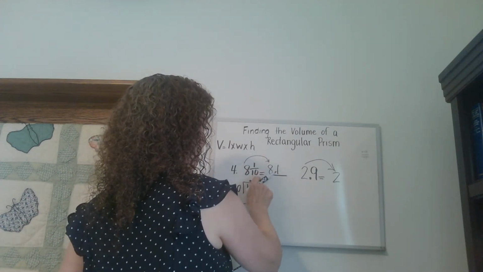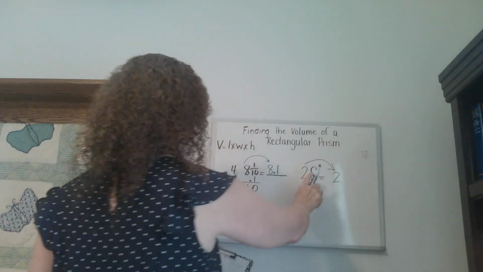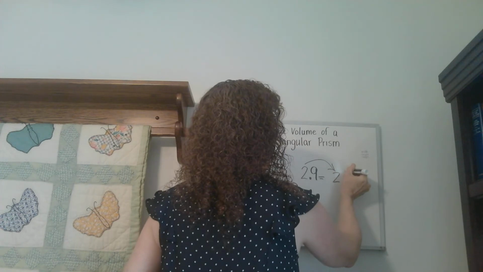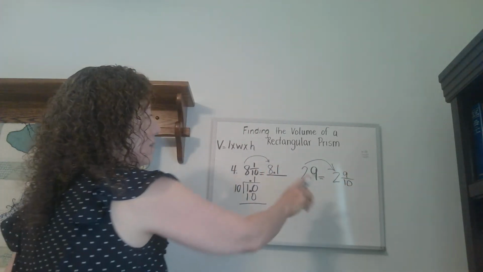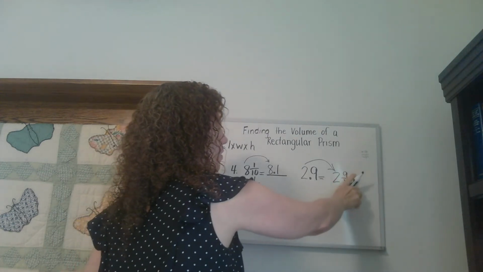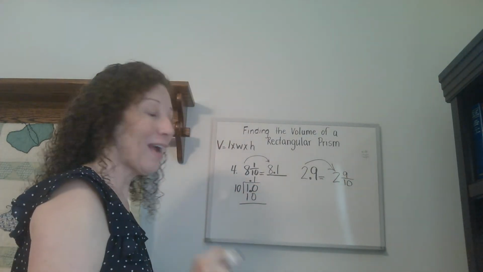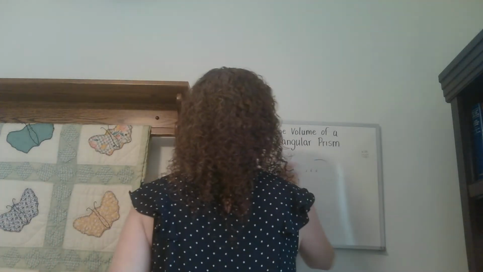This was 1/10 was the same thing as 0.1. So 0.9 would be the same thing as 9/10. So we got 2.9 or 2 9/10. See how to do that? We'll keep practicing.